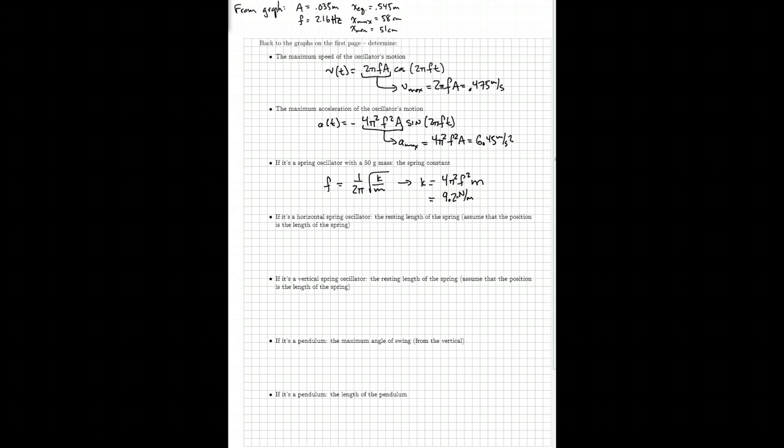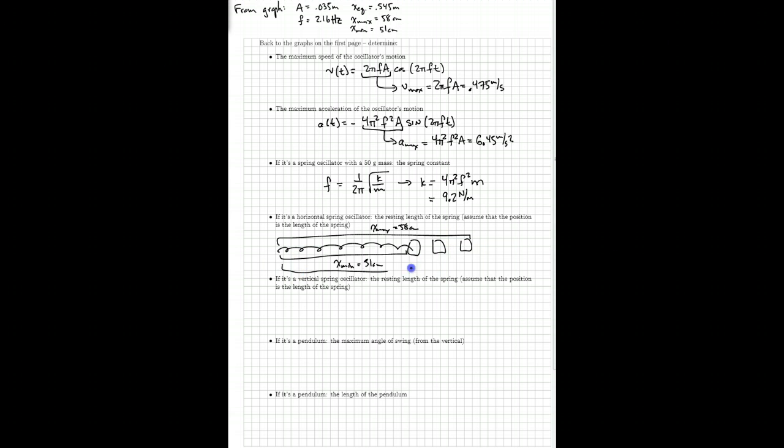Okay, so if it's a horizontal one, we're going to figure out the resting length of the spring, assuming that what we know from the graph is the length of the spring. What we were given on the graph is that the x min is about 51 centimeters, and the x max is about 58 centimeters.